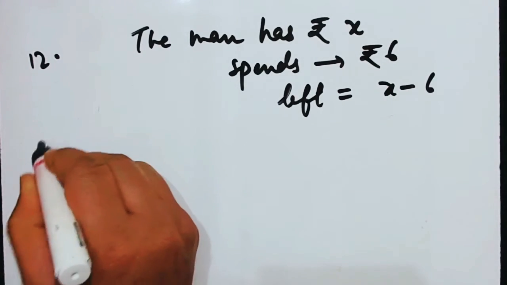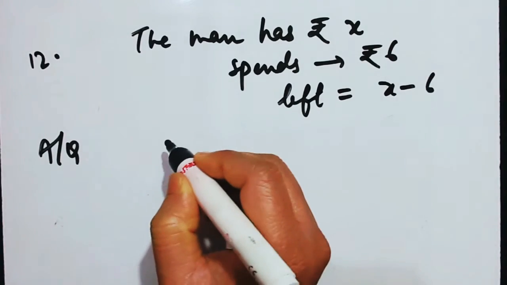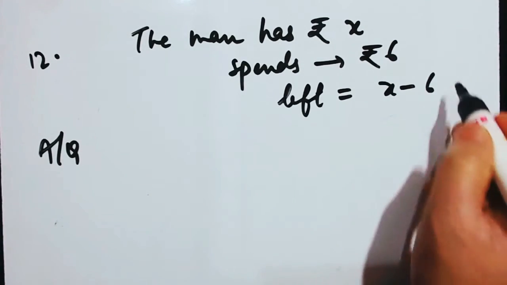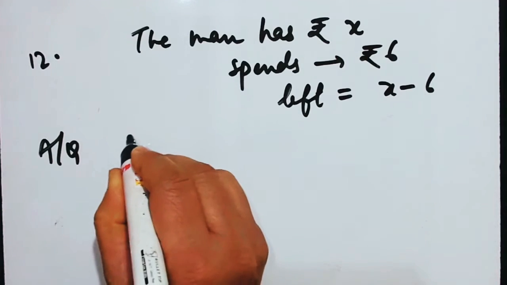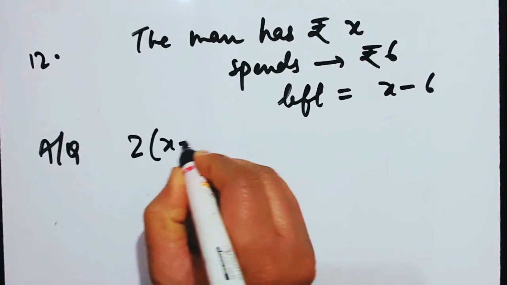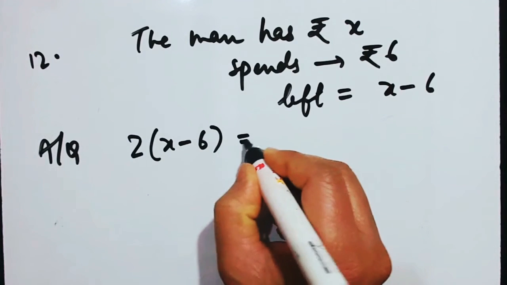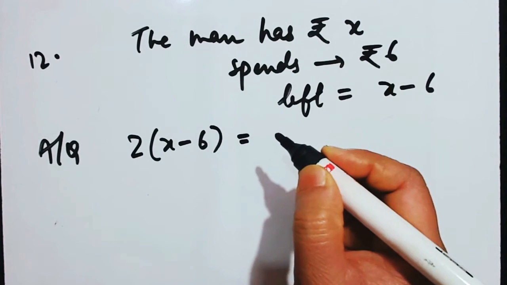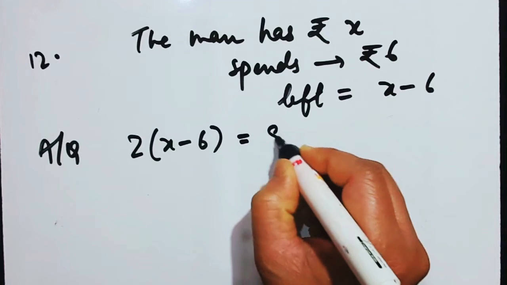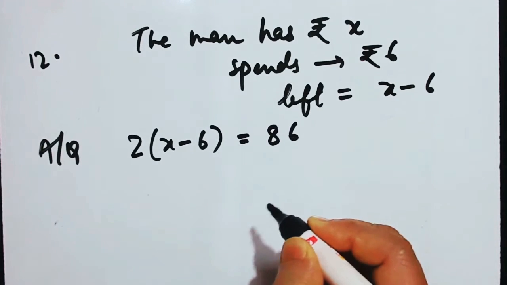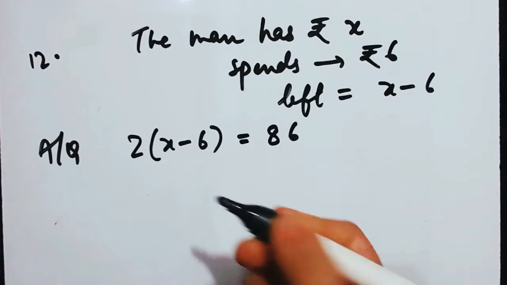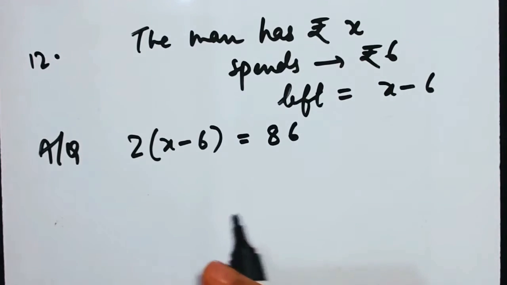Now according to the question, twice the money left with him is rupees 86. So find the value of X. Now all of you know how to solve this linear equation.